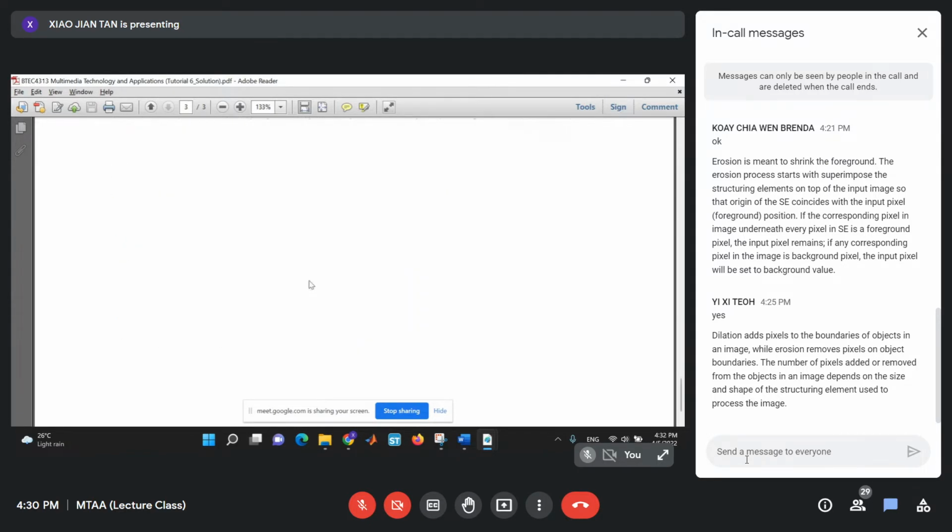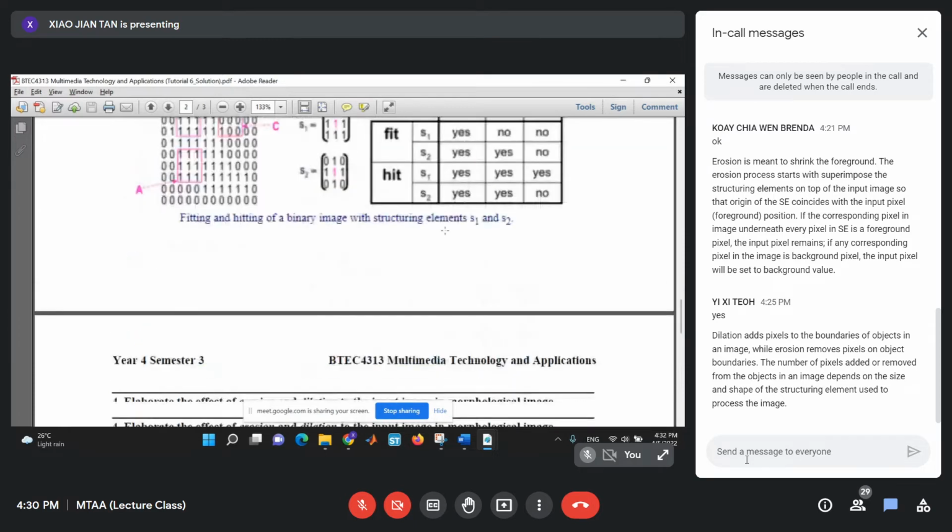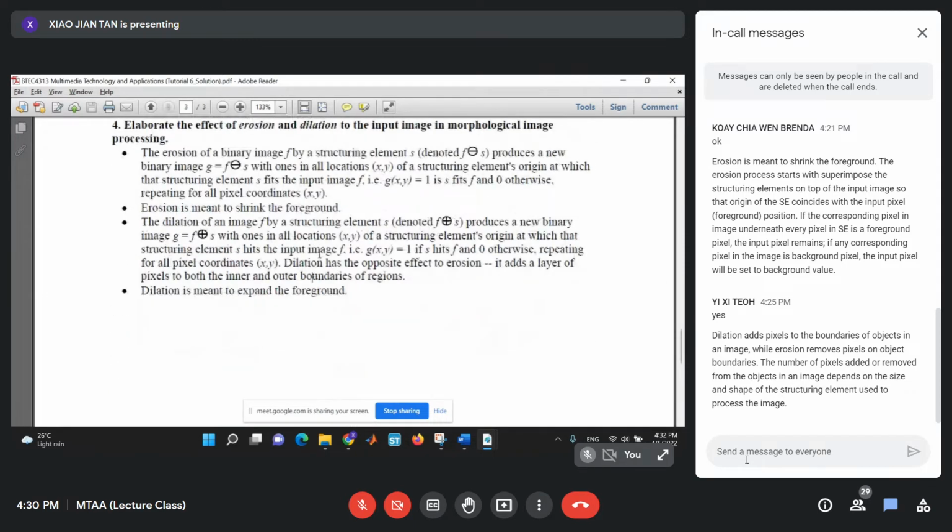Okay, so it is very simple, and even though dilation and erosion are simple, when you have very weird structure elements, it can be challenging. So make sure the fundamentals are solid.